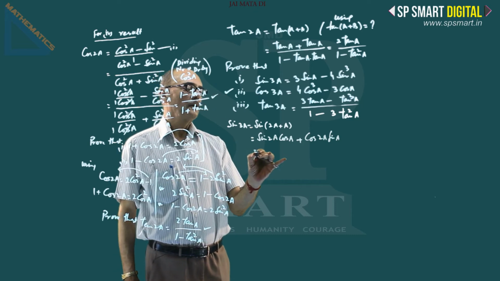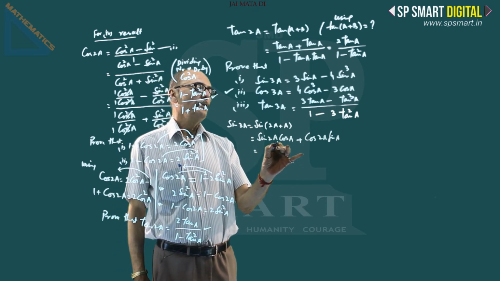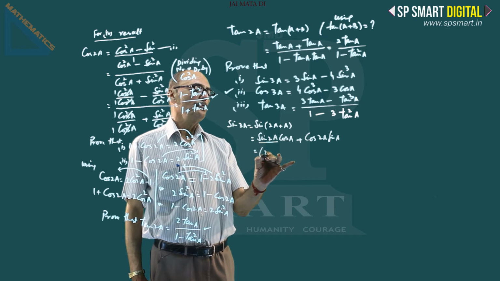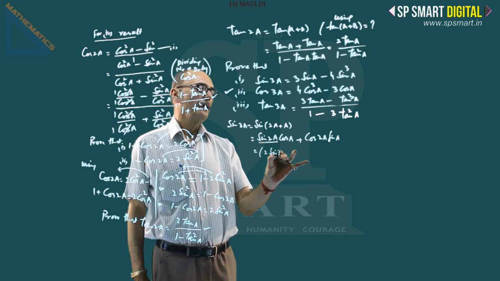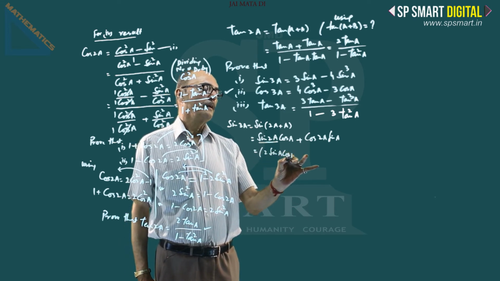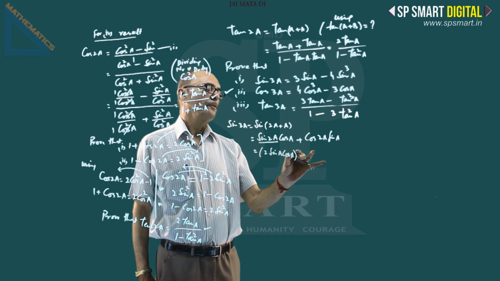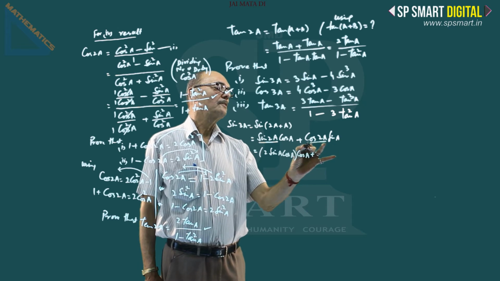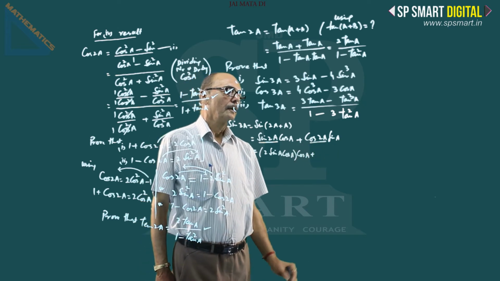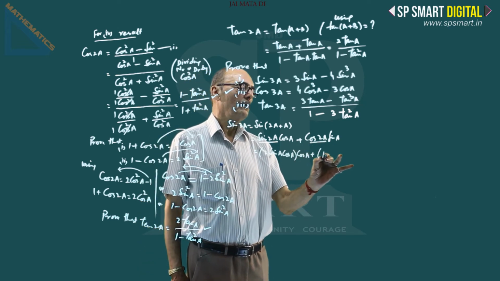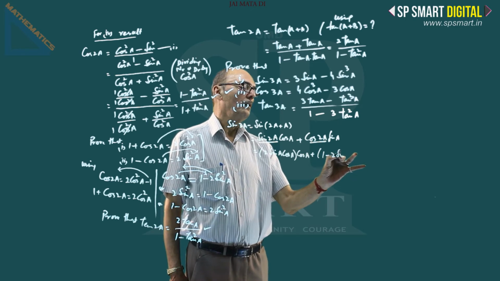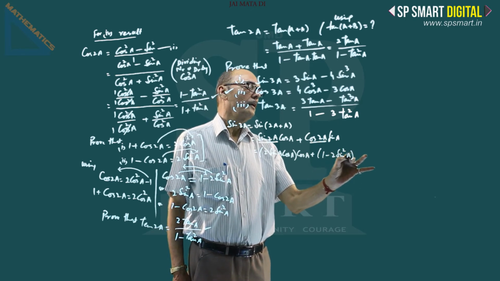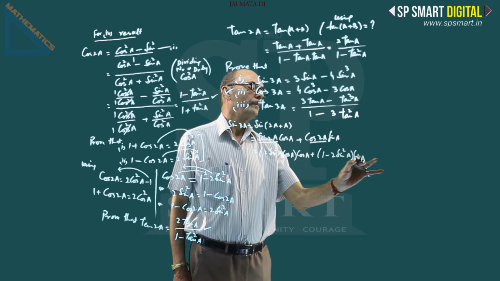Or this is, we know sin 2A is 2 sin of A cos of A into cos A, and formula of cos of 2A as 1 minus 2 sin square A into sin A.